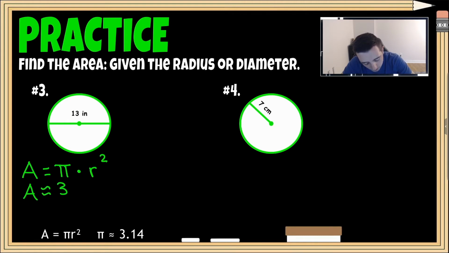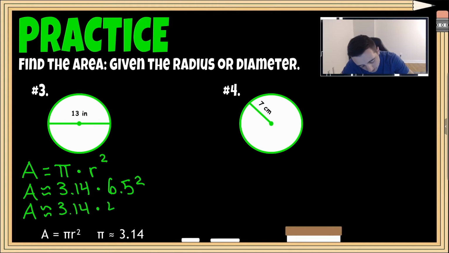Pi is 3.14 times our radius, so half of 13 would be 6 and 5 tenths, squared. Order of operations, no parentheses, so we're going to do the exponent next. So 6.5 times 6.5, so we have area is approximately 3.14 times 42 and 25 hundredths.